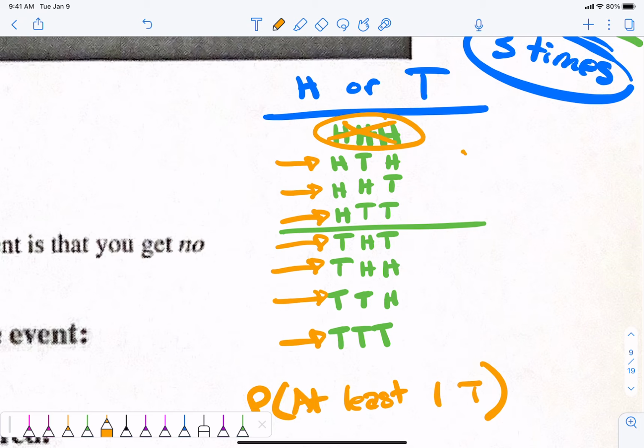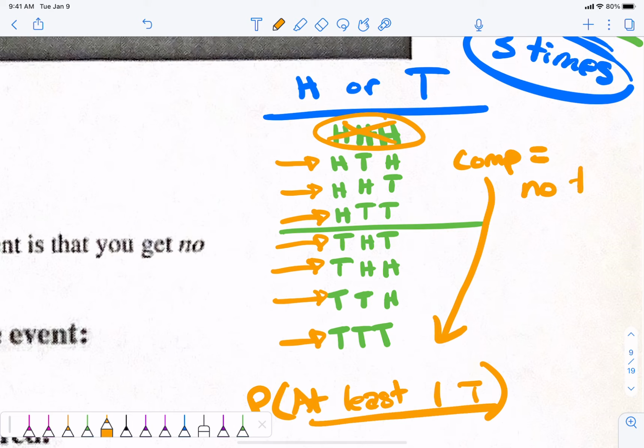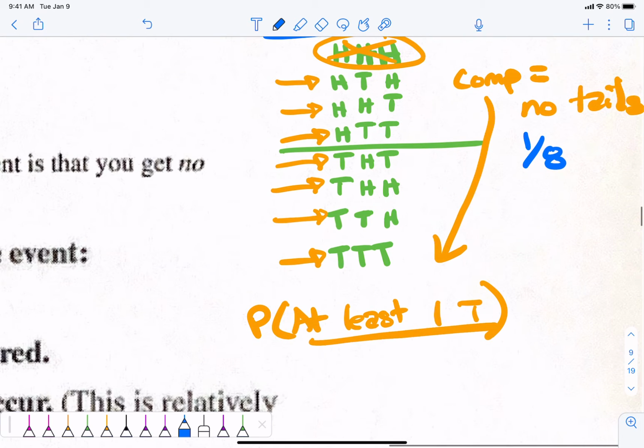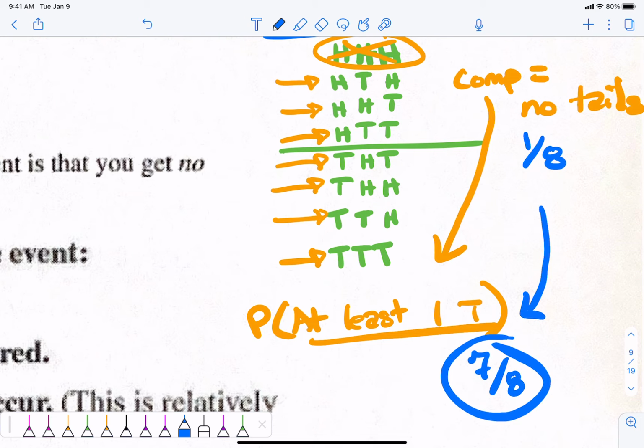So the complement of at least one tail is no tails. That's the only way that I will not get at least one tail. What are the chances of getting no tails? 1 out of 8. So what's the chance of getting at least one tail? 7 out of 8. Does that make sense? Good. We can see that from the table.